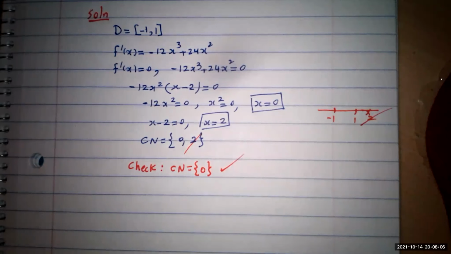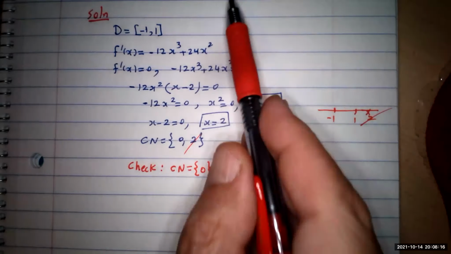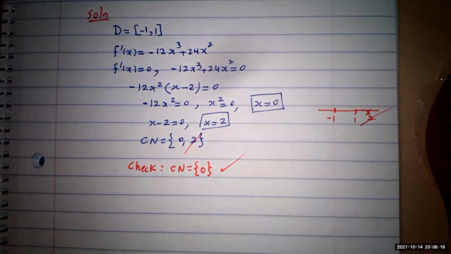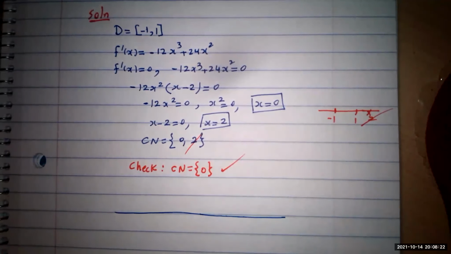So this is going to be the case. We have only one critical number. So the rest is, you are going to evaluate the function at 0 and at negative 1 and 1. You have three numbers to check.